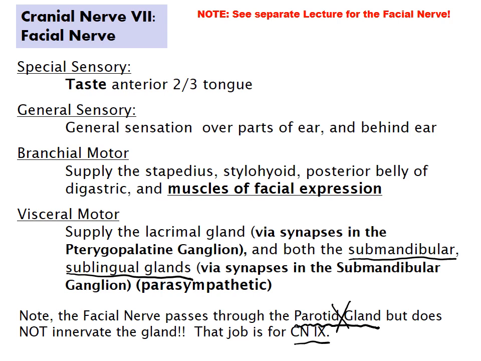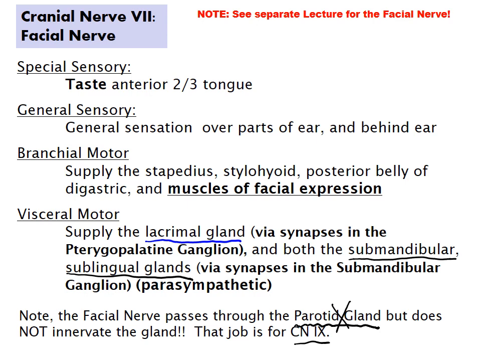It also innervates the lacrimal gland. So what is the lacrimal gland? Well, lacrimal means tears. So it's going to innervate the gland that rests on top of the eye that helps to produce tears for the eye. So when we are in a parasympathetic mode, if you will, we can produce tears, and then we get kind of dry-eyed to keep our vision very clear when we are in a sympathetic mode.